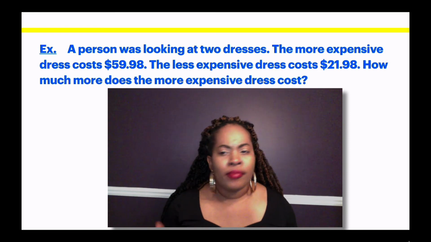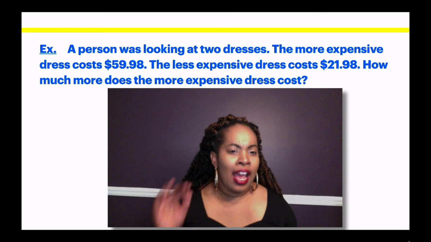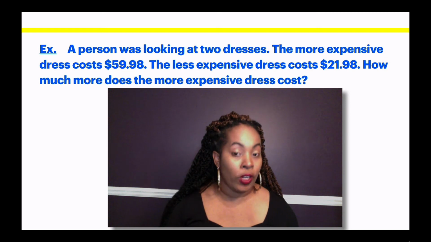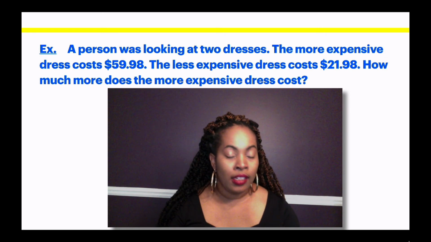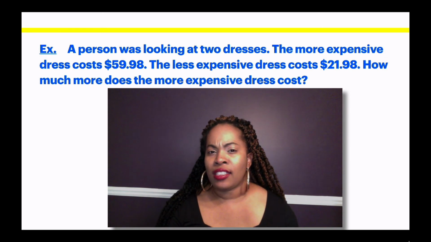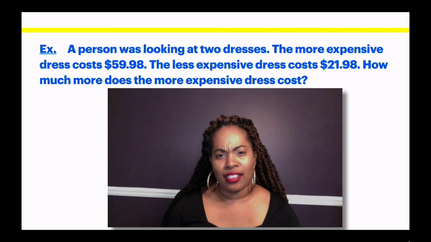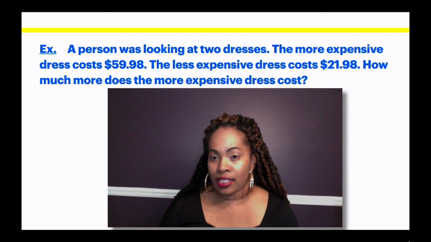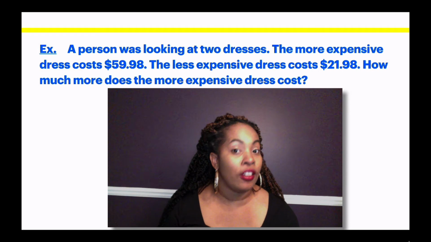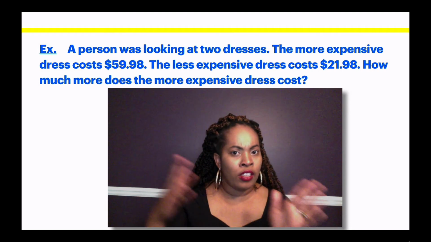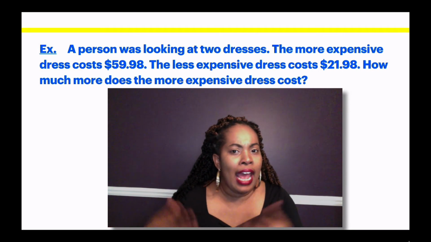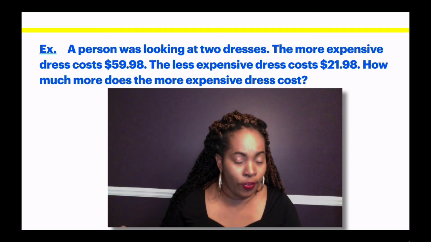So what they do ask us is, how much more does the more expensive dress cost? That's another way of asking us to compare the prices. Compare the prices. In other words, to find a difference. So notice there's more than one way that you can ask someone to find a difference.